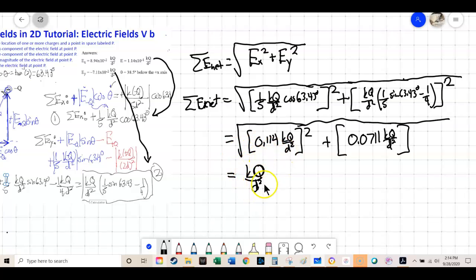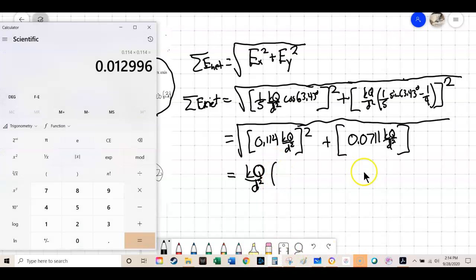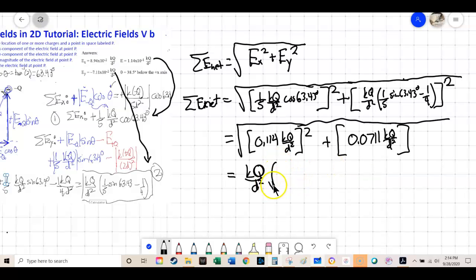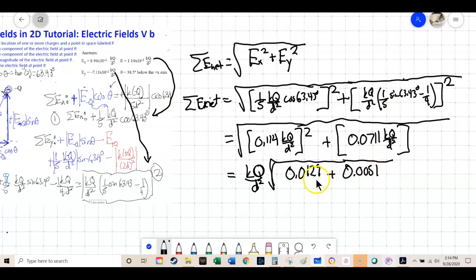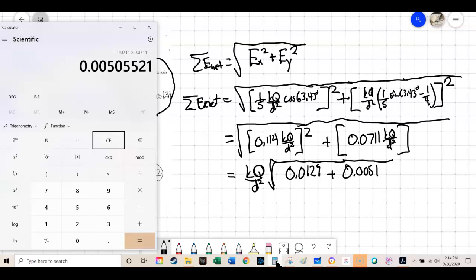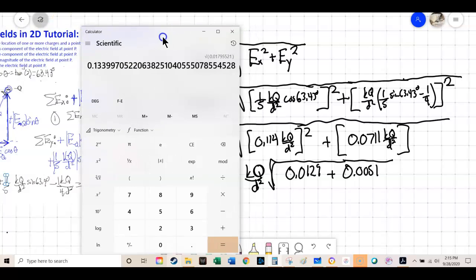We'd have kq over d squared, and that is going to be square rooted over 0.0129 plus 0.0711 times 0.0711 equals 0.0051, which is going to be a really small number, plus 0.0129, and then we're going to square root this, which is going to be 0.134.